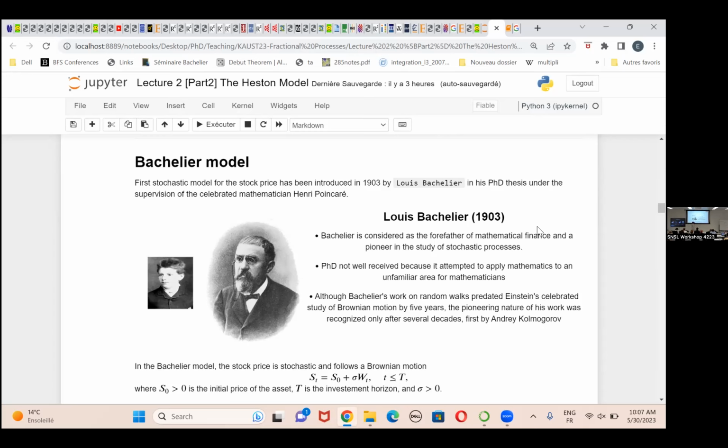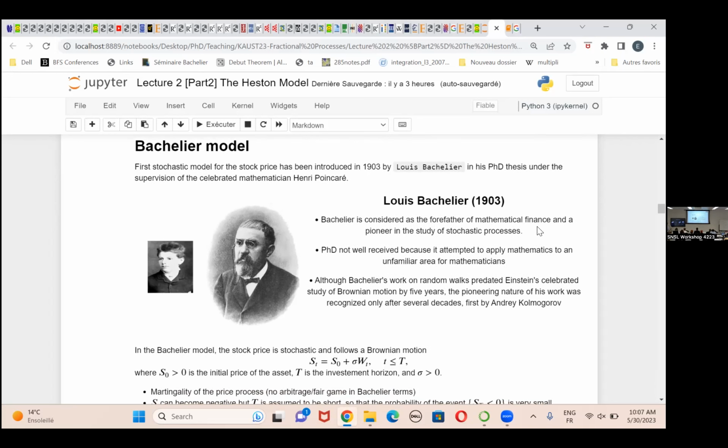His work on using Brownian motion for modeling stock markets was done maybe slightly before Einstein's use of Brownian motion, and it was actually recognized several decades later by Kolmogorov, and it motivated the theory of probability and so on.